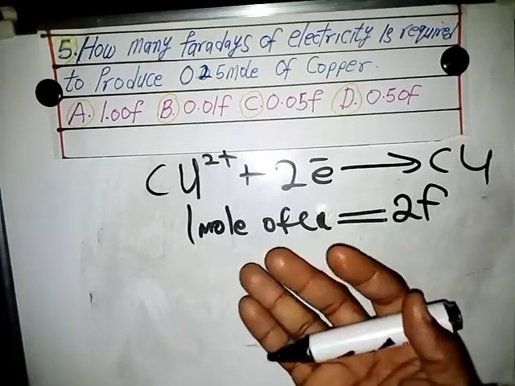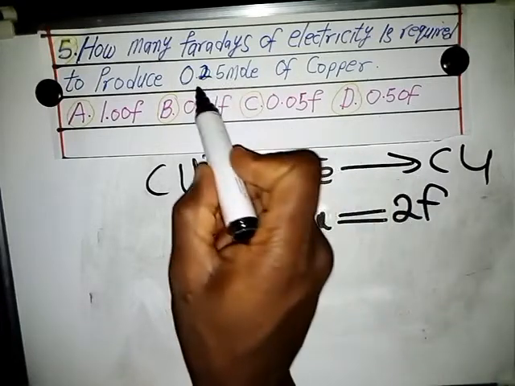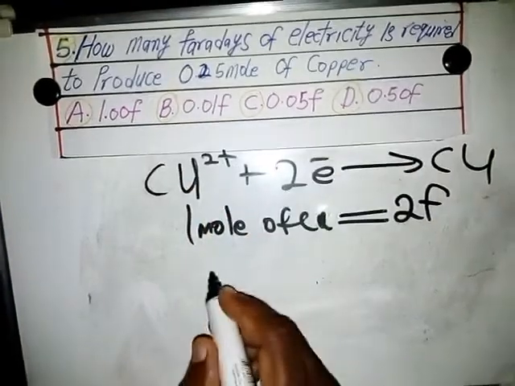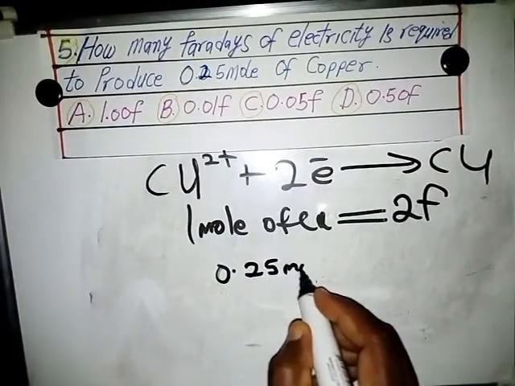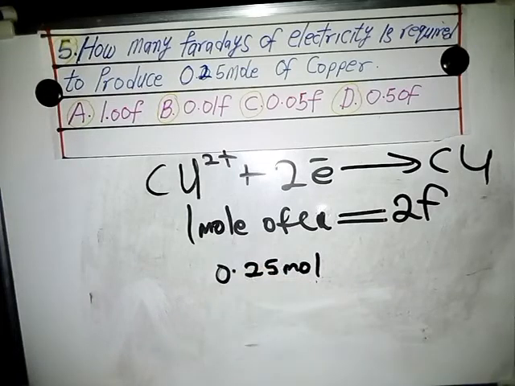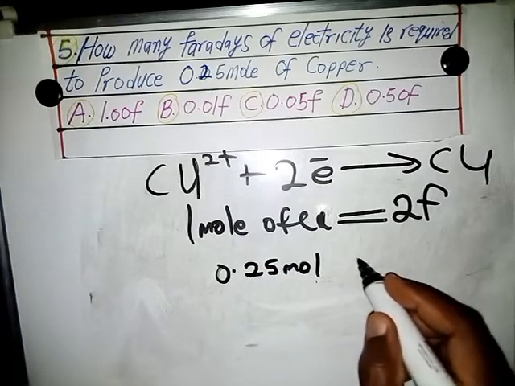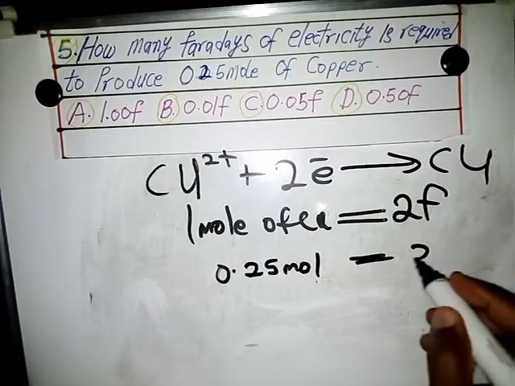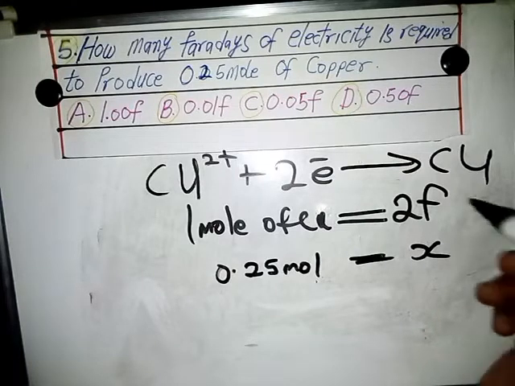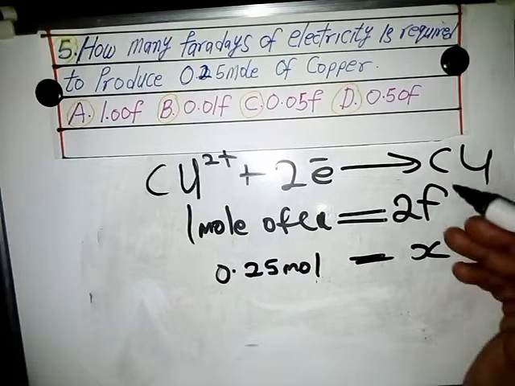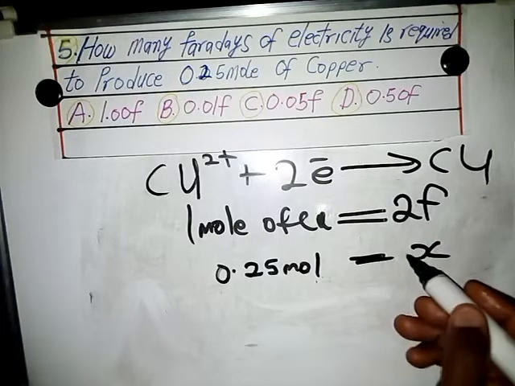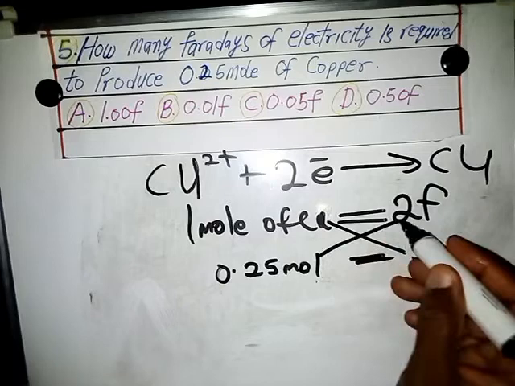From here, we are given 0.25 mole. So I'm going to put 0.25 mole under here, because this is mole, this is mole. Then I'm going to call here X. Of course, this side is in coulomb. So I'm going to cross multiply.